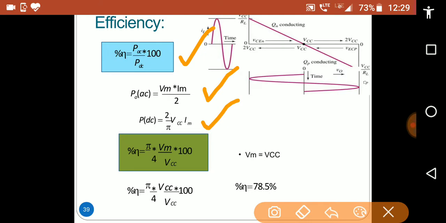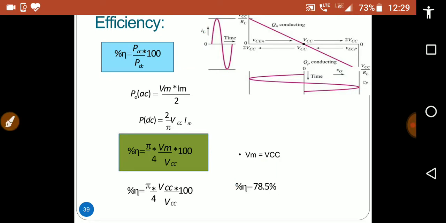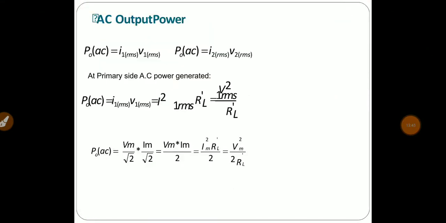So percentage efficiency equal to pi by 4 into Vm by VCC into 100. We know that Vm equal to VCC. So percentage efficiency equal to pi by 4 into VCC by VCC into 100, which equals 78.5%. Efficiency of class B amplifier is 78.5%.